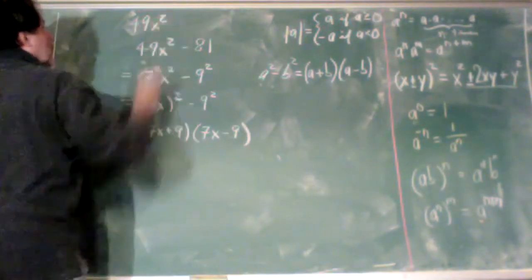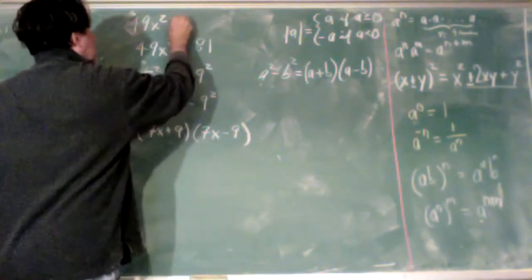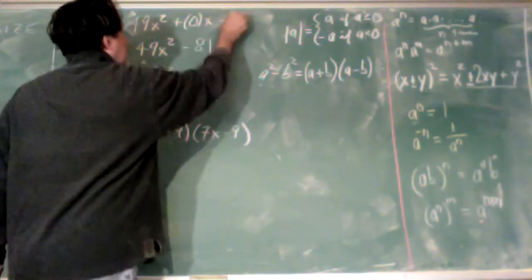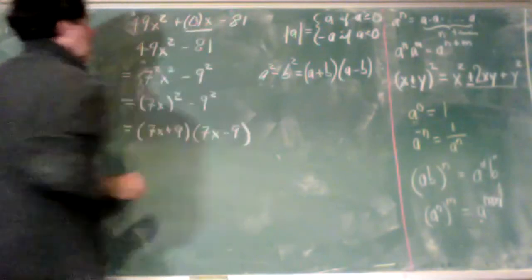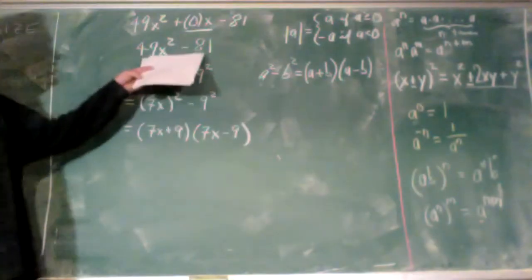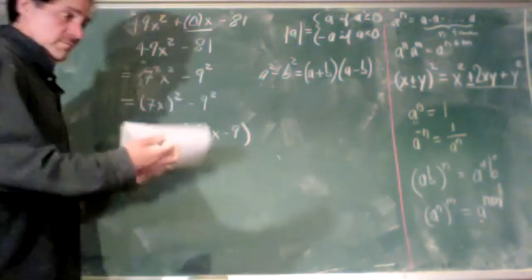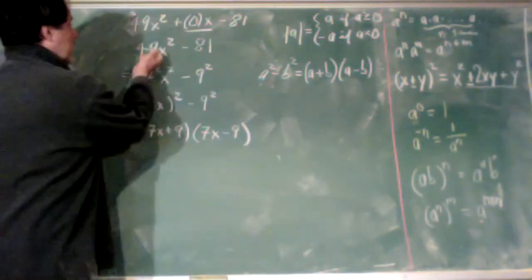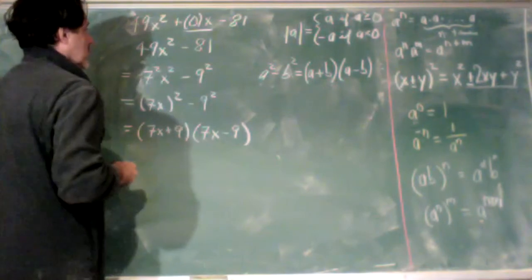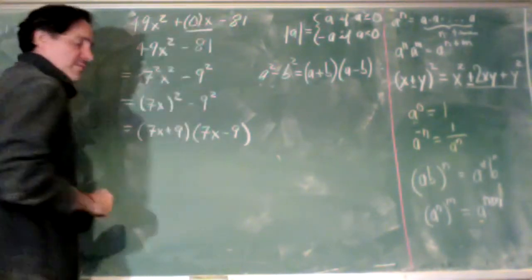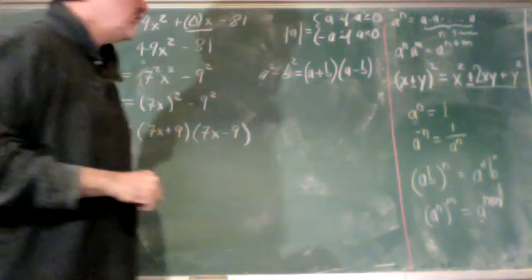It has the form 49x squared plus 0x minus 81. We suppress the linear term if its coefficient is 0. But in fact, you could say this quadratic polynomial does have a linear term. It's just that it has a linear term with coefficient 0.